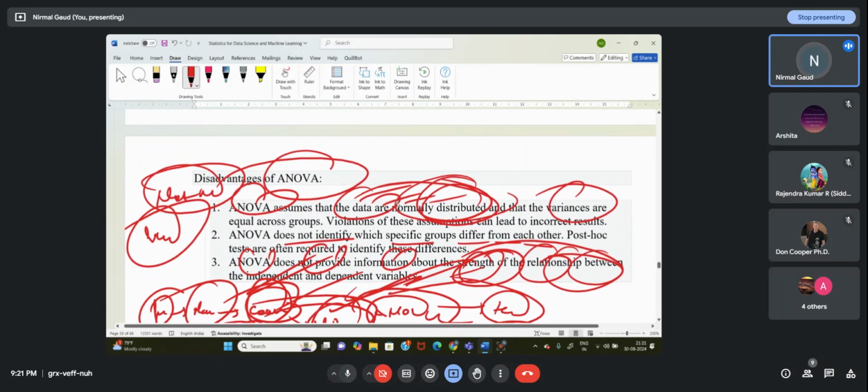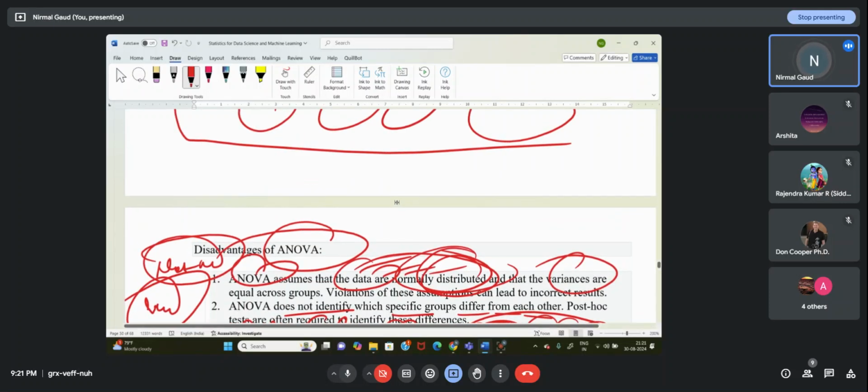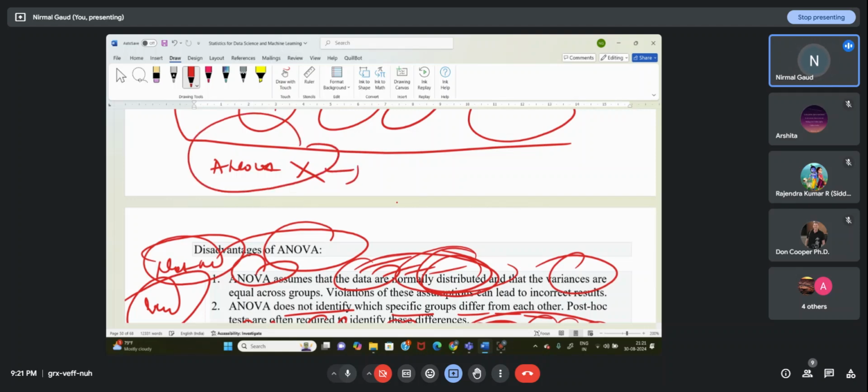It's not like that, okay, you are having categorical data and you are applying ANOVA. That ANOVA is not applied on categorical data. ANOVA is applied upon numerical data, continuous data, which is normally distributed. That is the assumption. Okay, that you have to follow. So this is about ANOVA, analysis of variance.